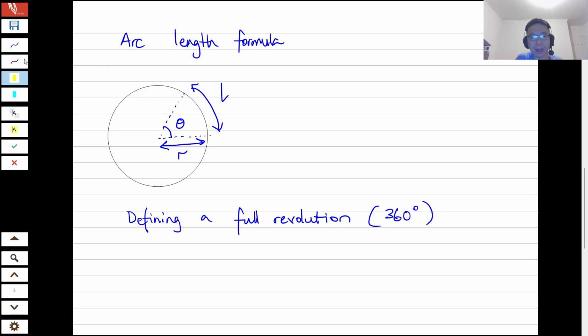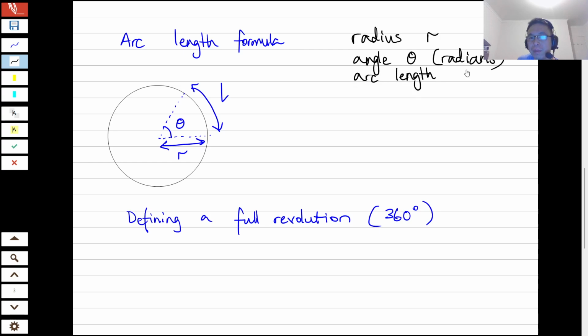So if I have a circle with radius r, an angle theta measured in radians at the center, which subtends an arc length, lowercase l, then I get the following formula. The formula is L equals r theta. So the claim is if I double the radius, I double the arc length while keeping the angle the same. Now let's see if this makes sense.